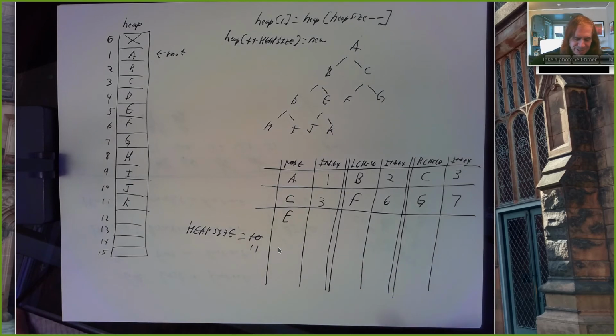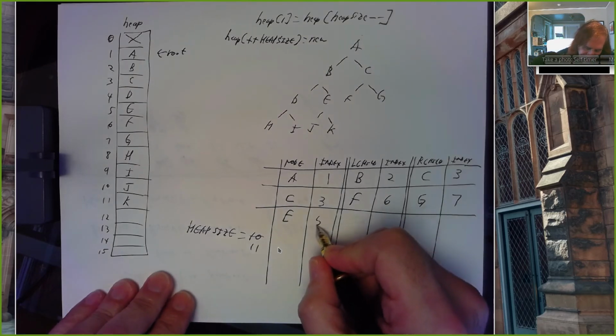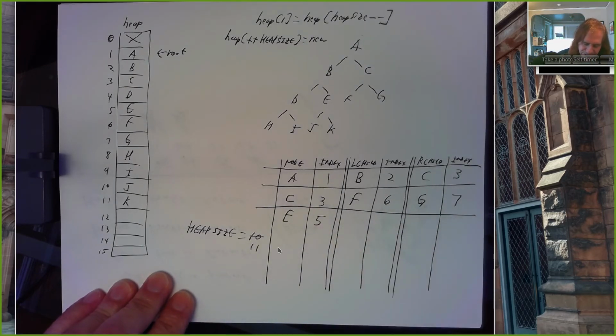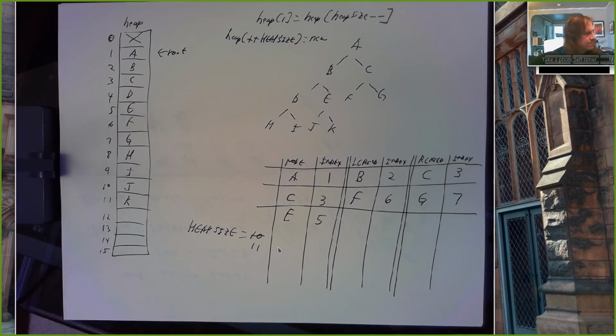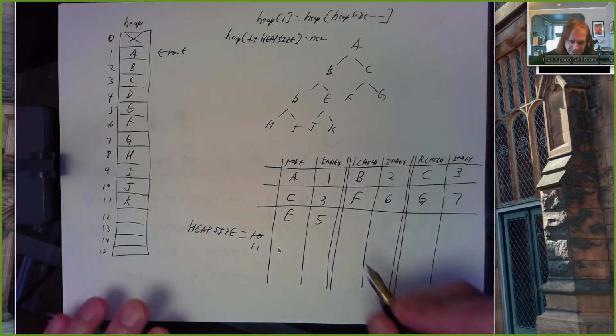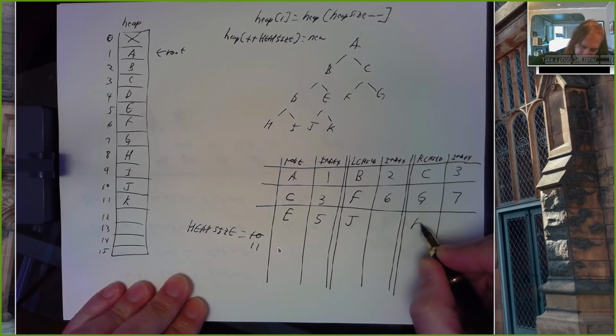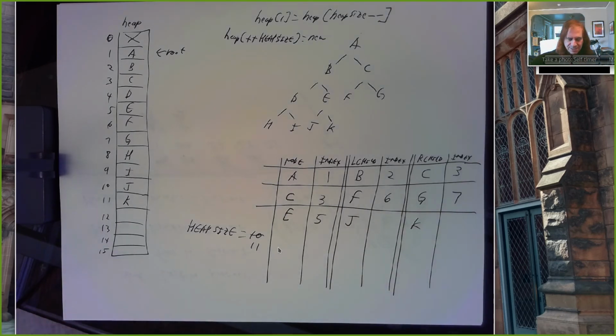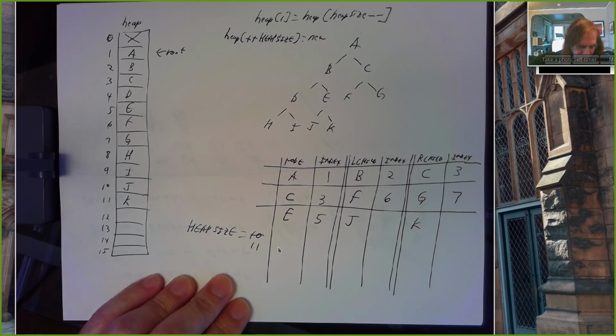All right, so node E, what's the index of E? Everybody can play along here. E is an index of 5. Who are the left and right children of E? J and K, and what are their indices? 10 and 11.